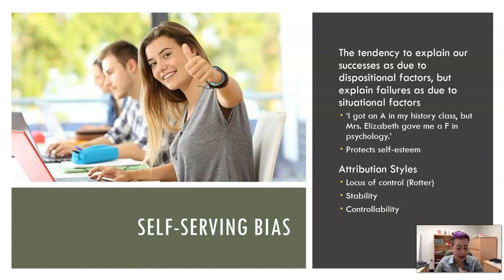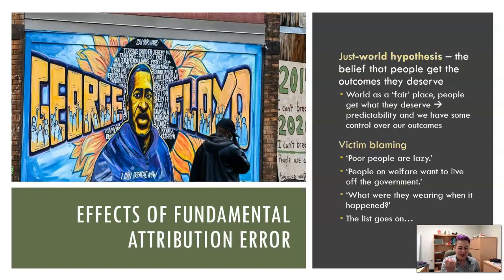Because I don't want to think that I'm one paycheck away from being homeless, right? So people have this idea that if something bad happens to you, it's because you earned it. And they maintain this because it gives them some stability and controllability over things that are largely uncontrollable and unstable.